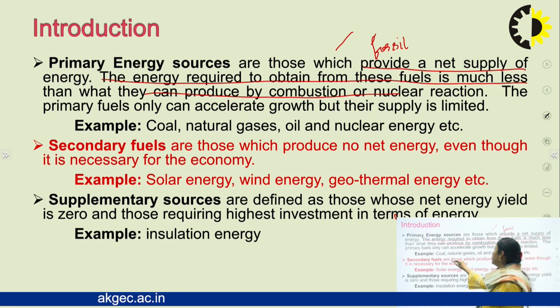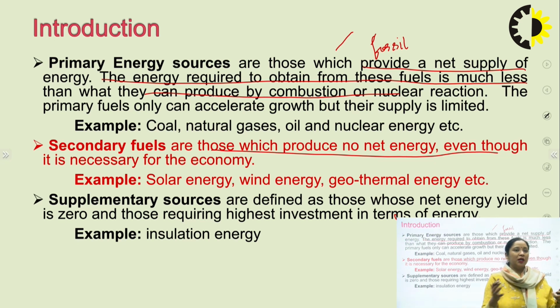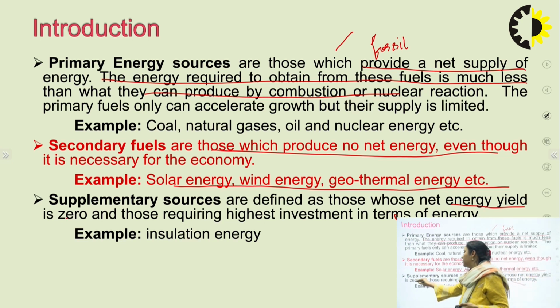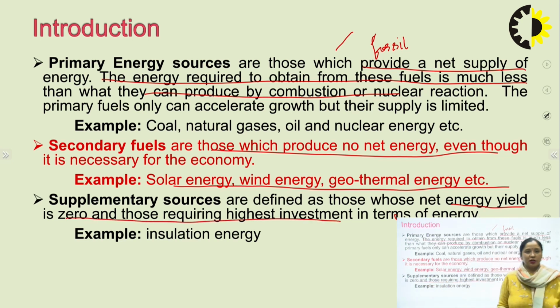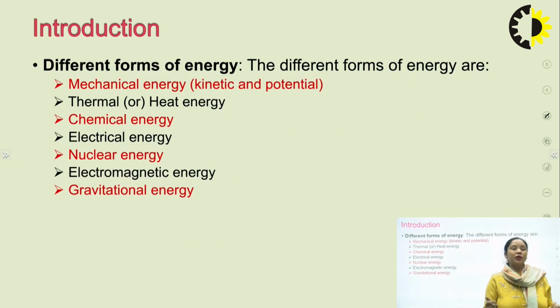Secondary fuels are those which produce no net energy. They are available in abundance, but we are not using them as an energy. So these are our solar, wind energy, geothermal energy. Supplementary energy sources are defined as those whose net energy yield is zero and those requiring, like insulation, that is being transferred from one to another resource. So that is the insulation.